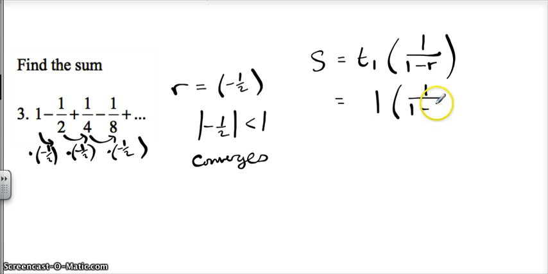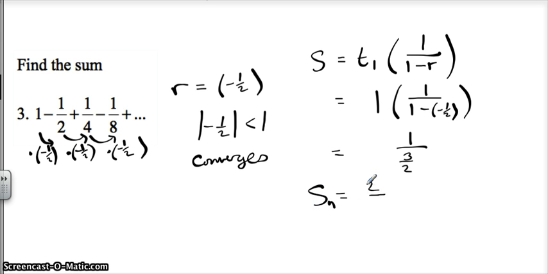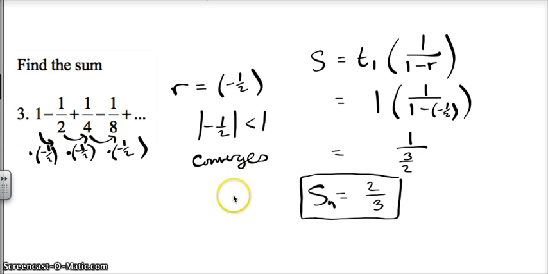So 1 minus -1/2 will end up giving us 1 plus 1/2. So that's really the same thing as 1 over 3/2, which is the same thing as the sum equaling 2/3. Okay. If you need to pause or rewind, just ask the sub. I'm sure they will do that.